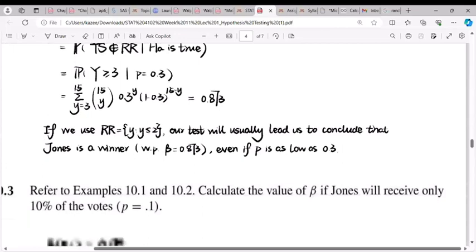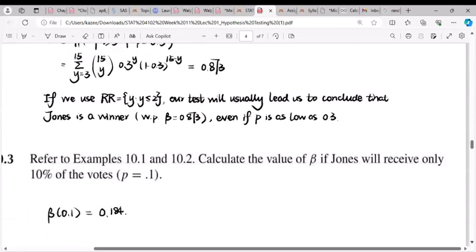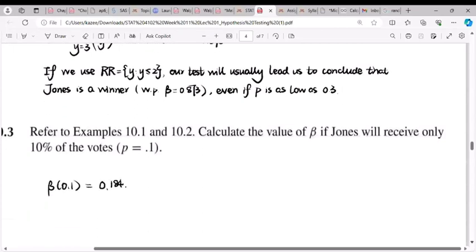Now, we've been able to calculate for a situation where we use different values for P. When we use 0.3, we got 0.873. What if we calculate for a P where we only receive 10%?